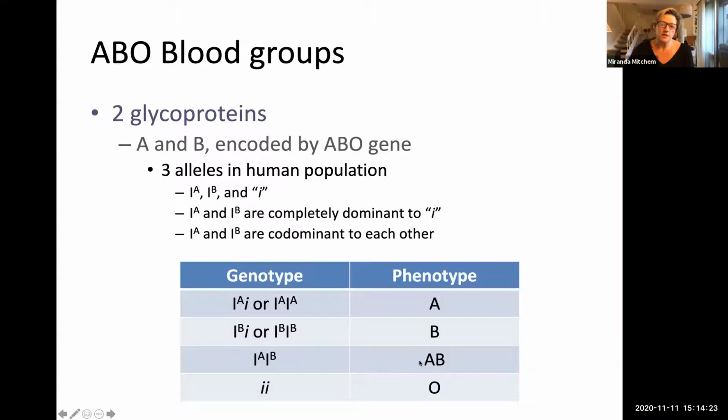A person that has type AB blood has the alleles for both A and B, so they express both of these antigens on the cell surfaces of their red blood cells. And then a person that has blood type O has none of it. They have two of these recessive forms.